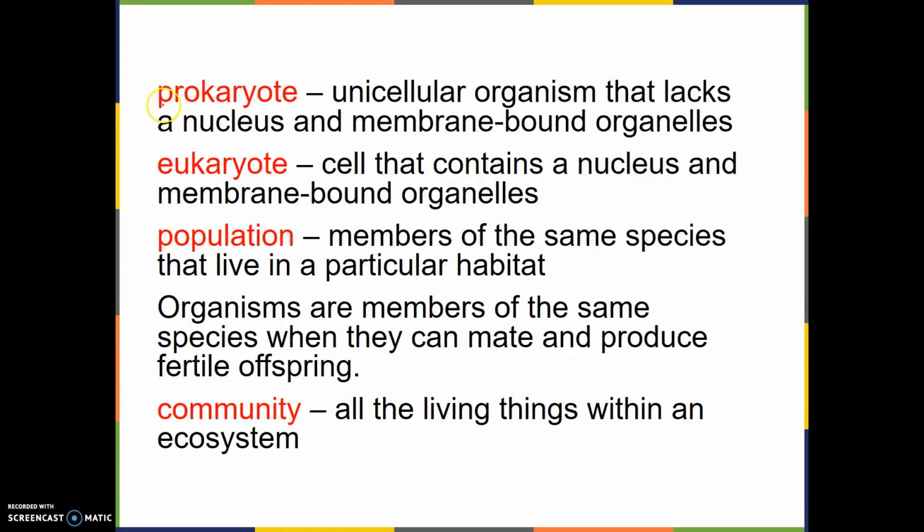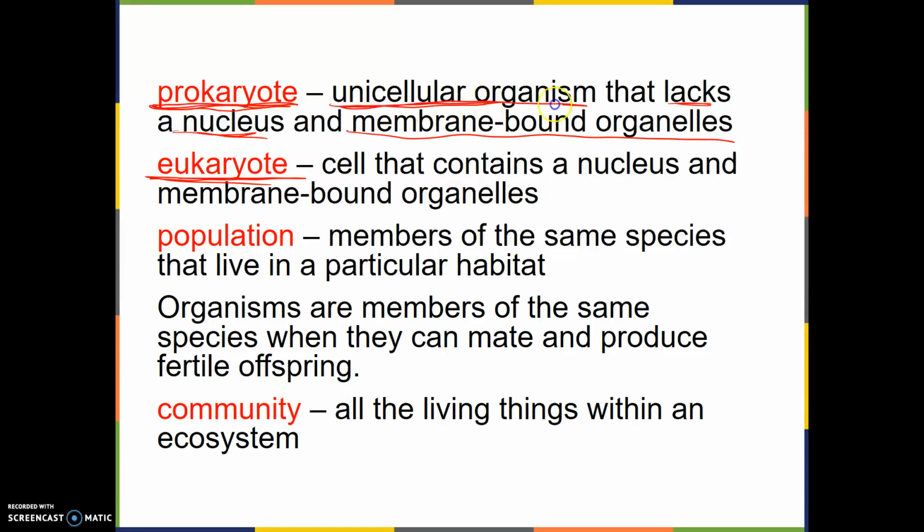Speaking of single-celled organisms, there are two different types of cells. They're either prokaryotic cells or eukaryotic cells. A prokaryotic cell does not have a nucleus. It lacks a nucleus, and it lacks membrane-bound organelles. The main thing is just remember for now that it does not have a nucleus. And any organism that is composed of prokaryotic cells is unicellular.